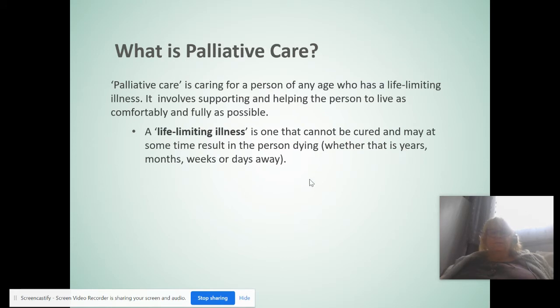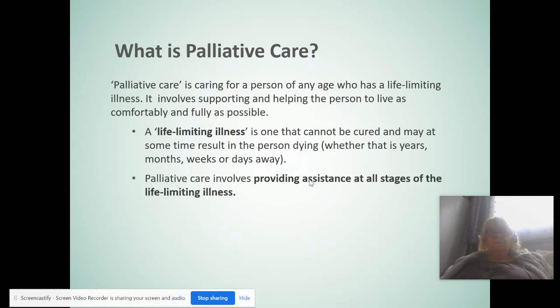So, a life limiting illness is one that cannot be cured and may at some time result in the person dying. So, it doesn't matter whether they're years away, months away, weeks away, or days away, they are entitled to palliative care to help them through those last years, months, weeks, or days of their life.